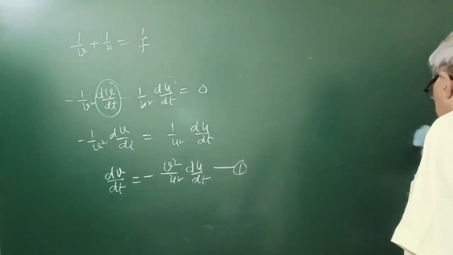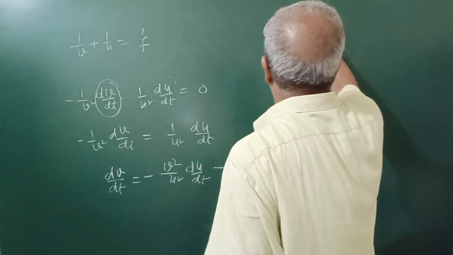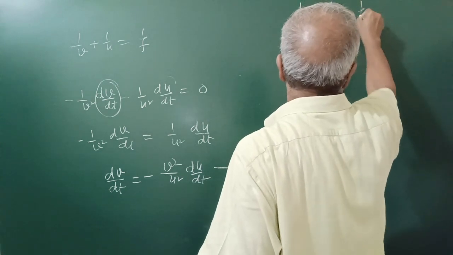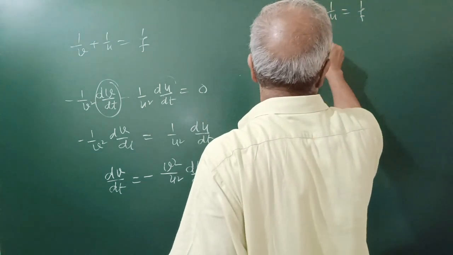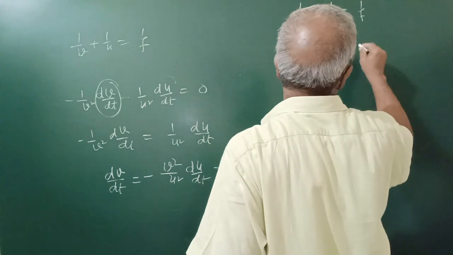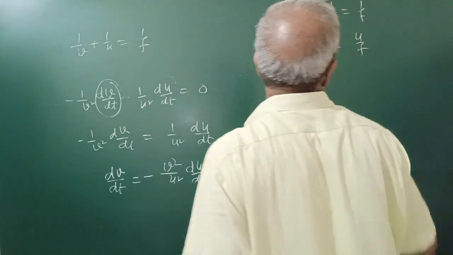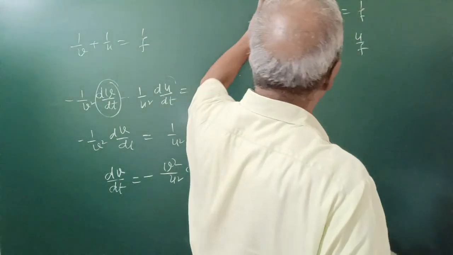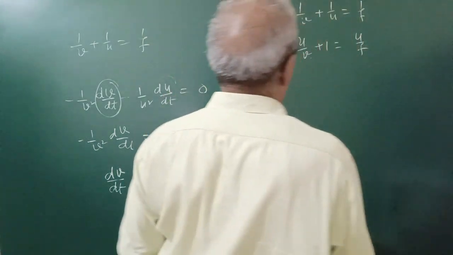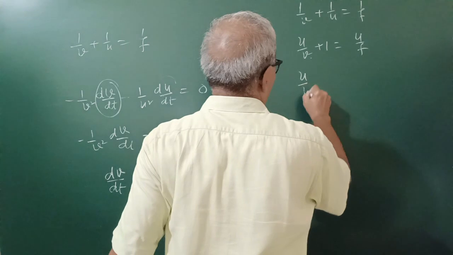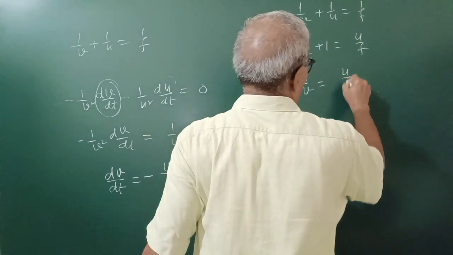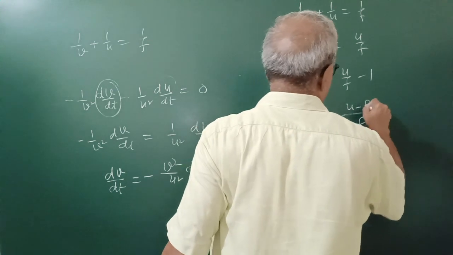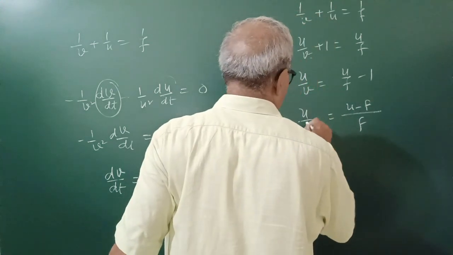Now from the mirror equation again, 1 upon v plus 1 upon u equal to 1 upon f. Multiply this equation by u: u upon v plus 1 is equal to u upon f. So u upon v is equal to u upon f minus 1, which is equal to u minus f upon f.